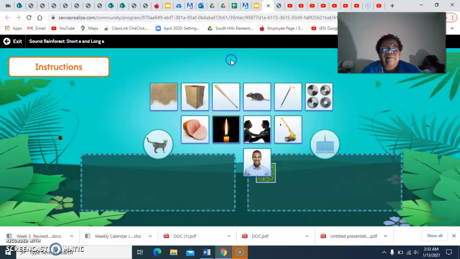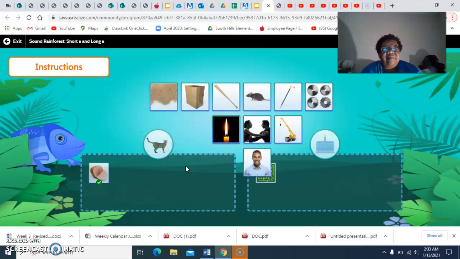There it goes. It's a little slow. All right, so we have cat that has the A sound. Then we have cake that makes the A sound. So we have ham, and then that goes there.